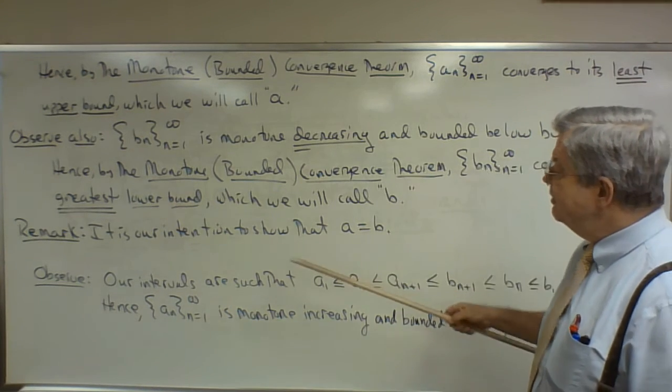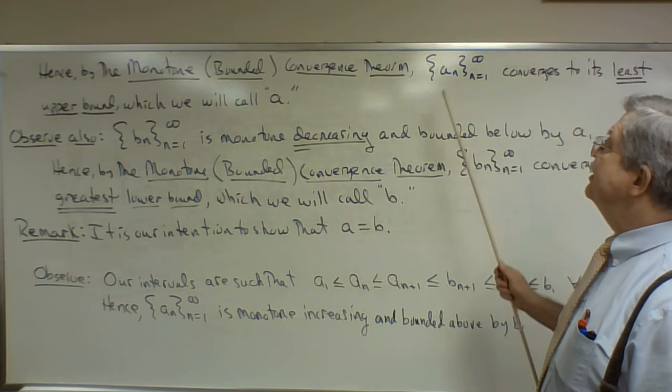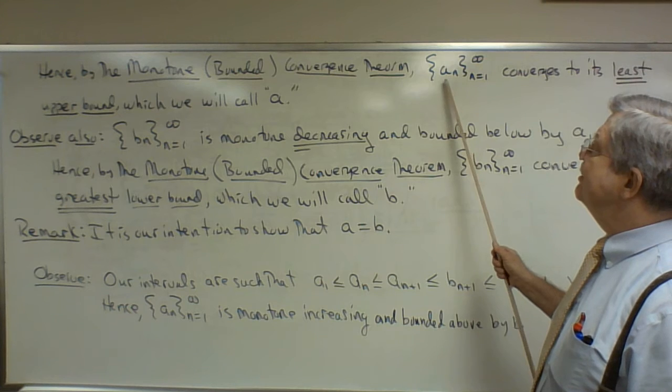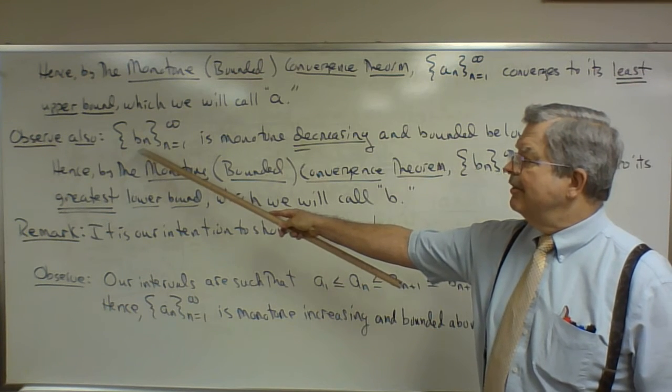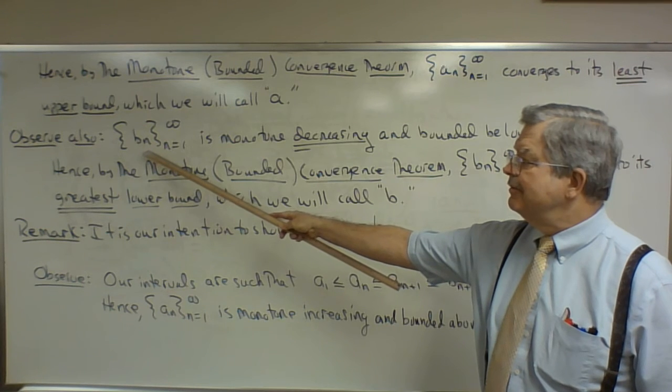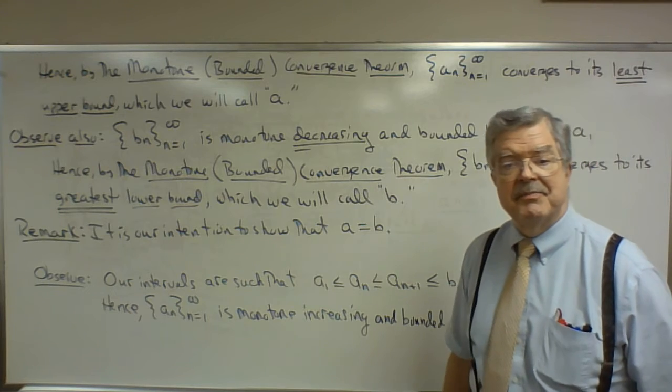It's our intention to show that A and B are equal. In other words, the least upper bound of the sequence of left endpoints and the greatest lower bound of the sequence of right endpoints are one and the same thing.